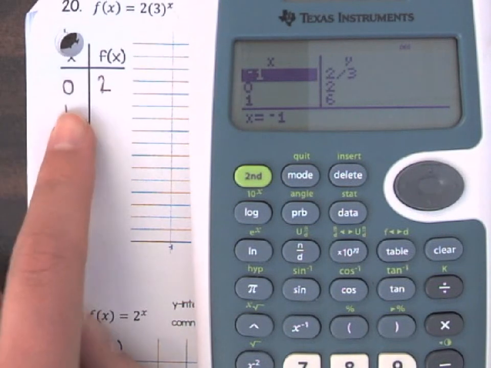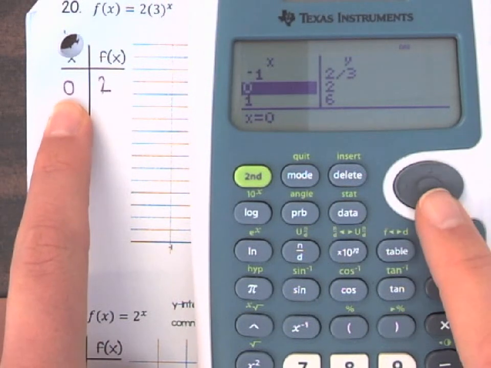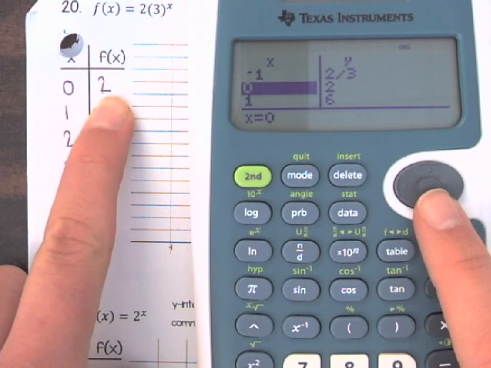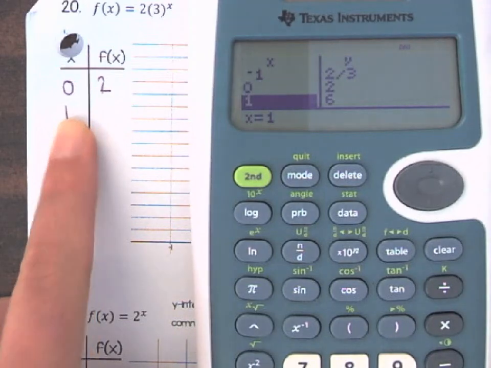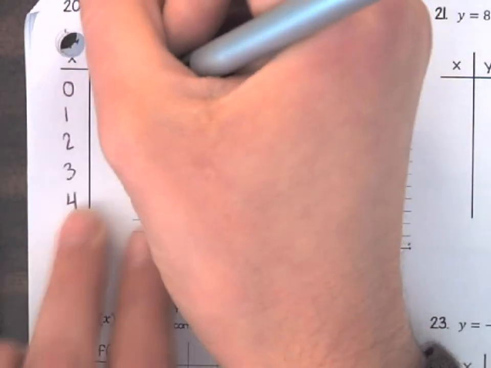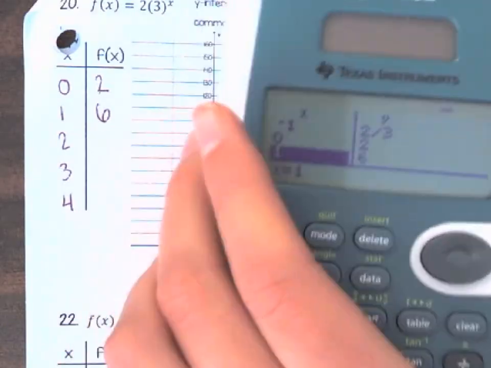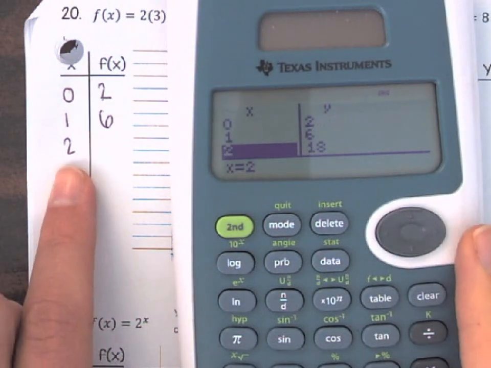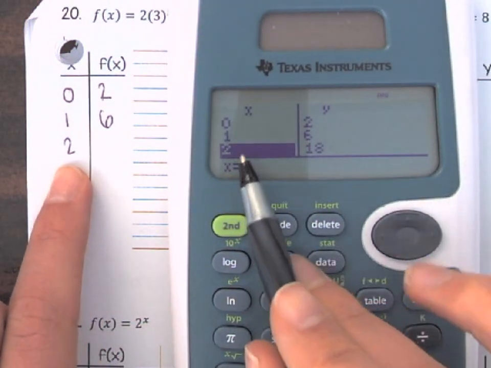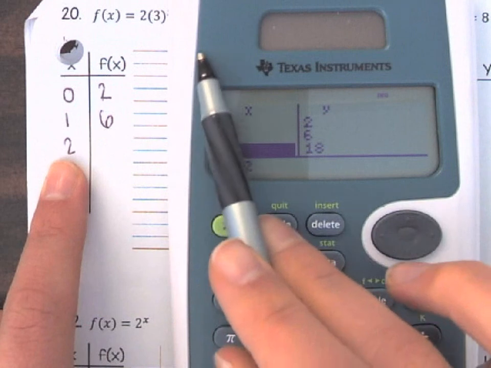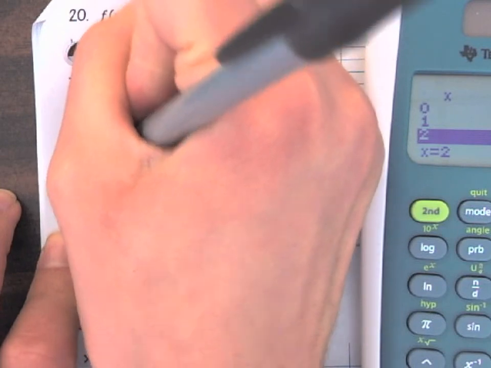So now all you have to do is find the x value. So we started at 0. It gave us 2. At 1 we have the number 6. Okay, when x is equal to 2. So all this is doing is this table went ahead and it plugged all these numbers in for x for you so that you don't have to type it in a whole bunch of times. So that gives us 18, 54.